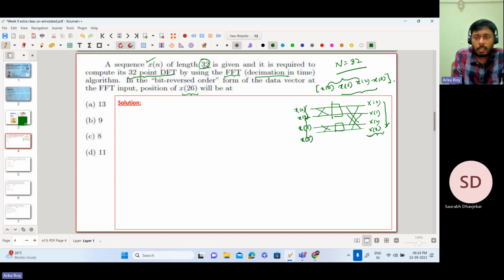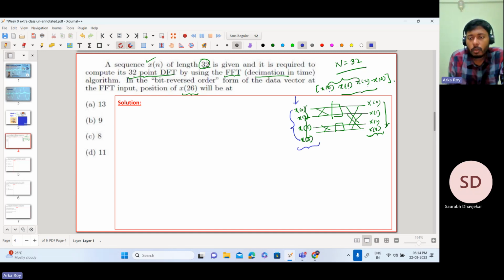So this is the input sequence that will be fed into the DIT FFT algorithm. Originally the sequence was x0, x1, x2, and x3. However, now you can see that the order in which you are inputting the data into the DIT FFT algorithm is totally different from the original sequence, so the sequence order is messed up.